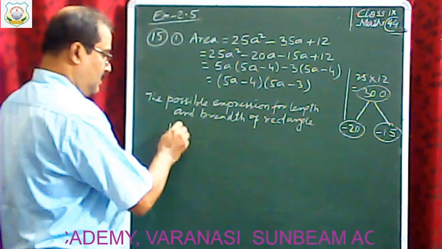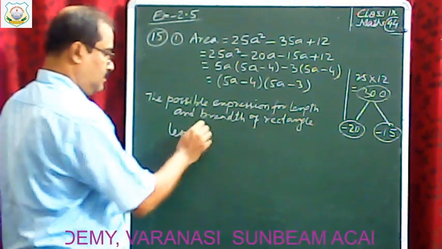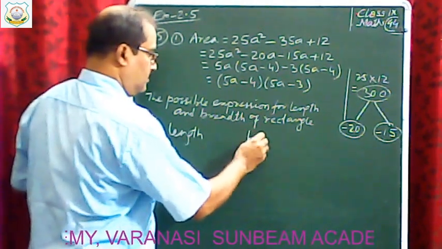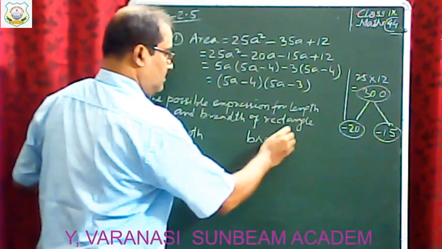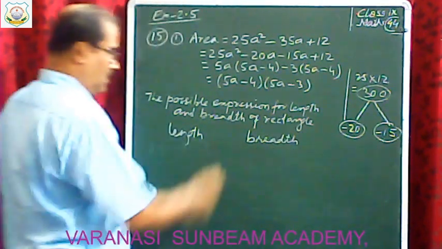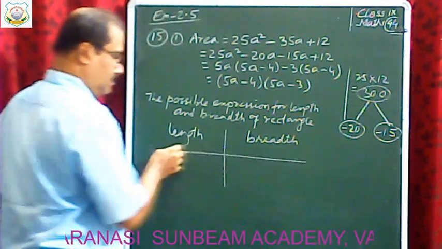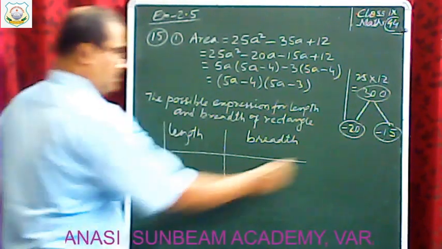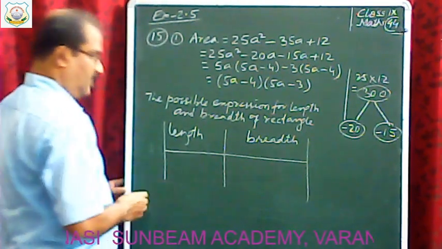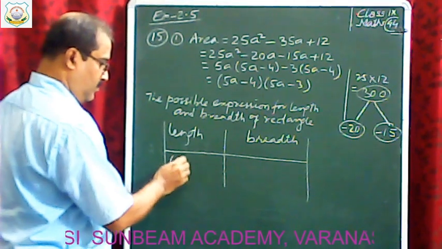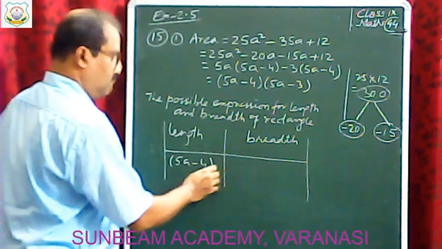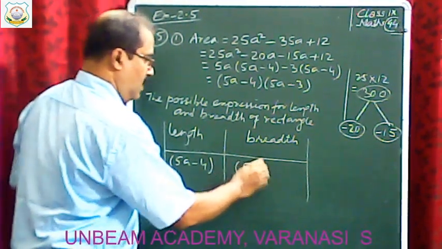So write length, breadth. If the length is 5a minus 4, then the breadth is 5a minus 3.